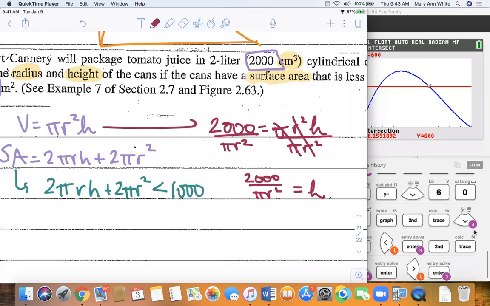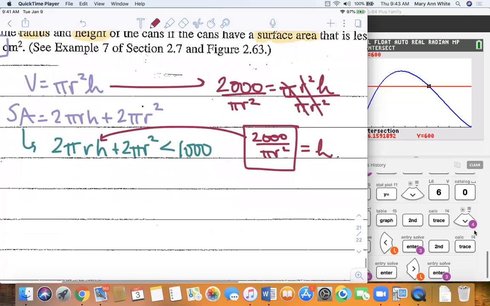Now, the whole reason that's helpful is now I'm going to replace h, which was a variable, with this expression, 2,000 divided by pi r squared, because there's already r's in that other formula. So it's going to be super easy to just replace h with this expression with r, and then I'm going to be able to solve, or even better, I'm going to put it in the calculator and have it solve it for me.